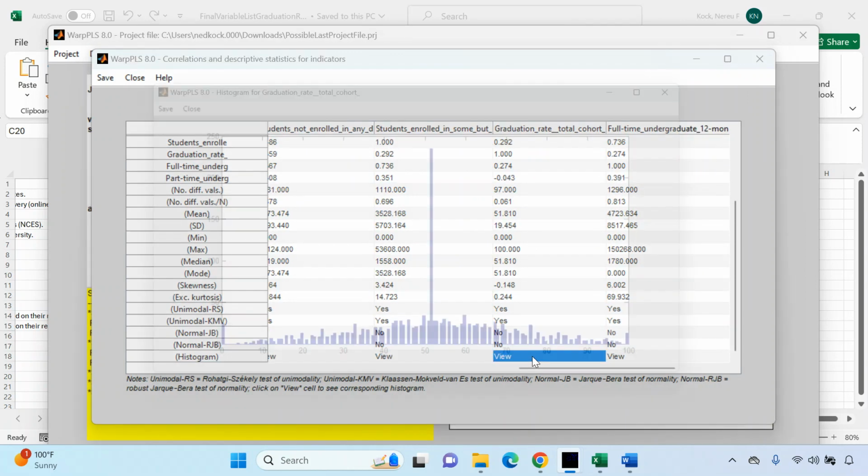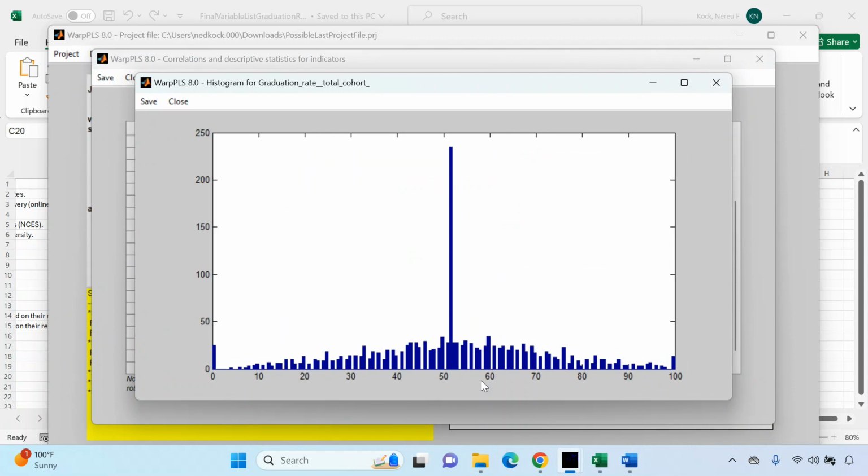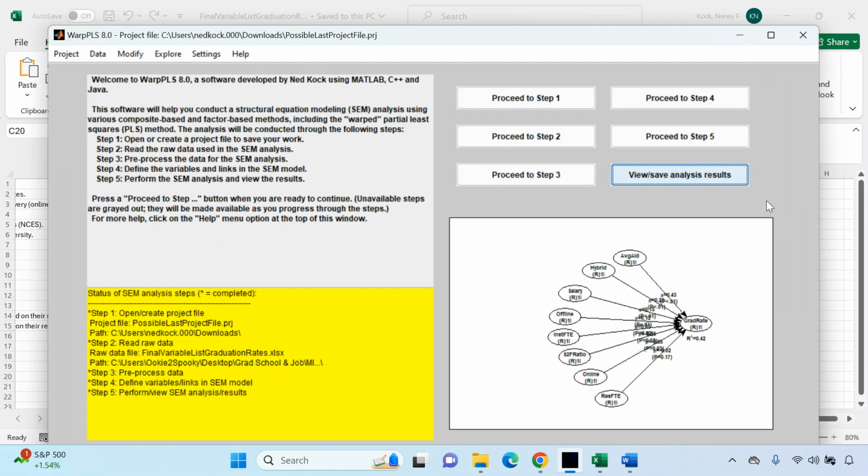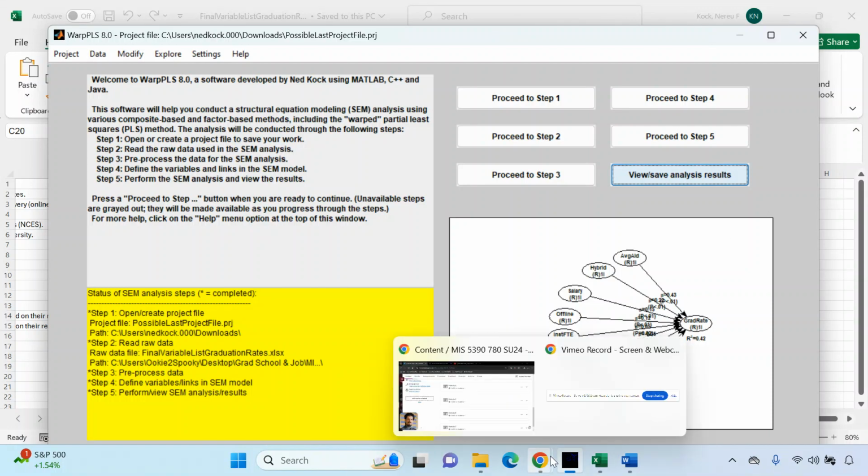Graduation rate. So yes, we have graduation rate all over the place, but the majority being around 50%, a little bit more than 50%. And that's probably graduation rate within a certain number of years. But interesting results from the other team as well.